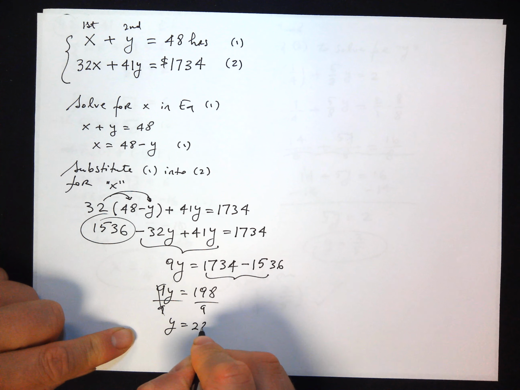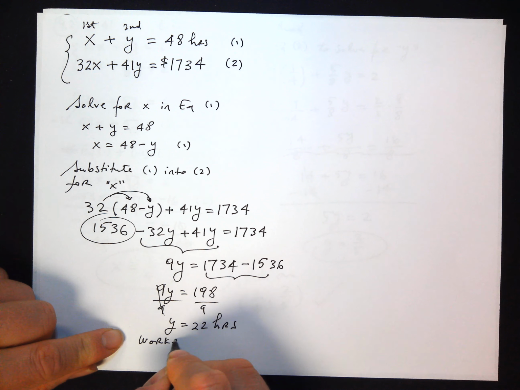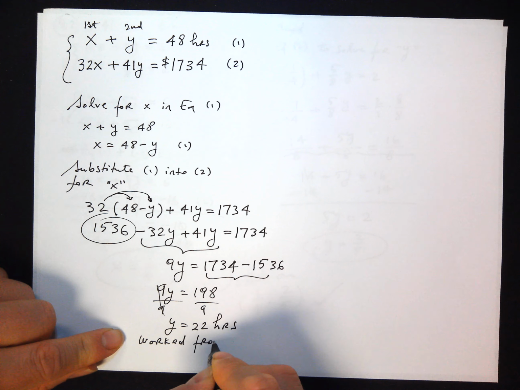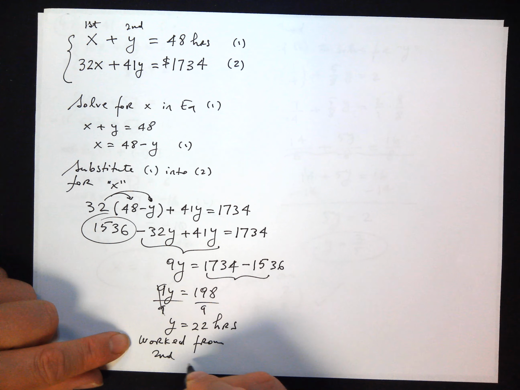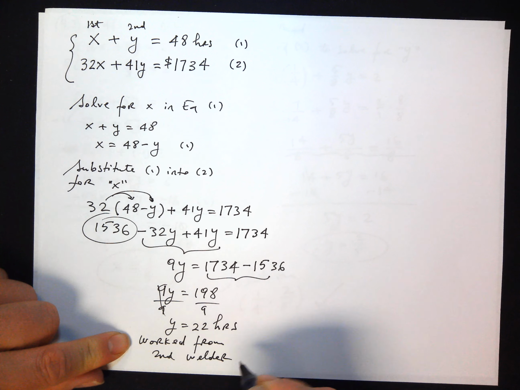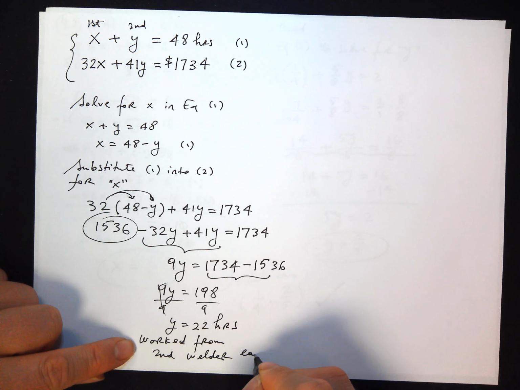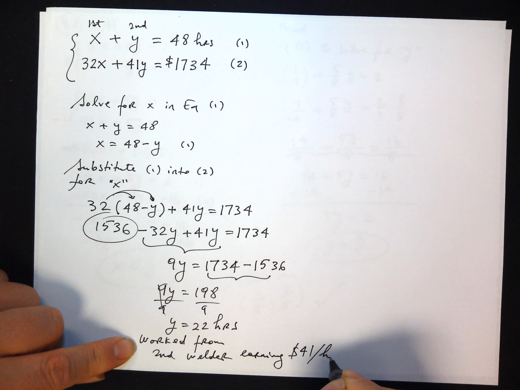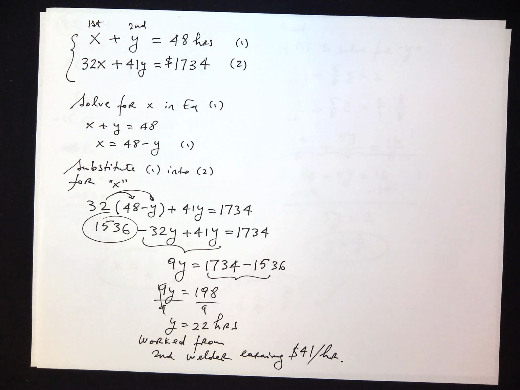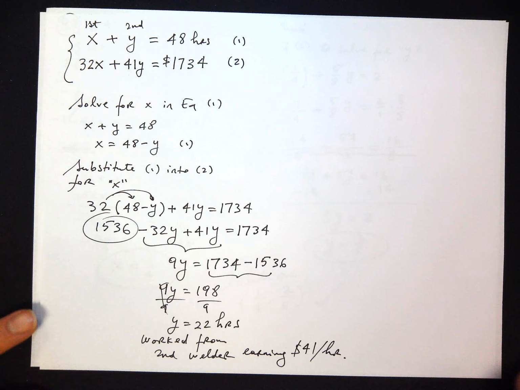y equals 22. And these are hours worked from the second welder earning $41 per hour. Okay, so that's what's happening here.